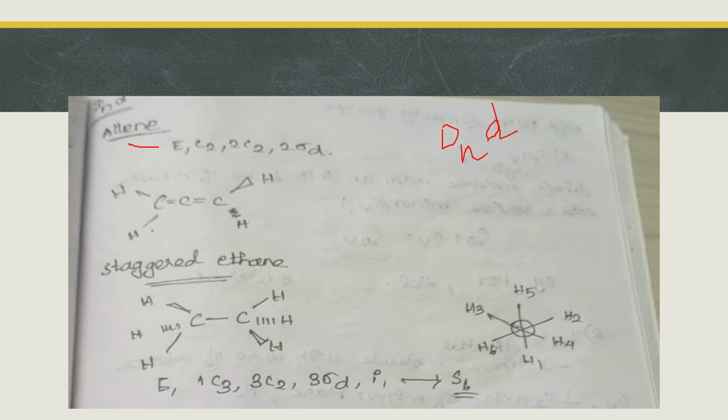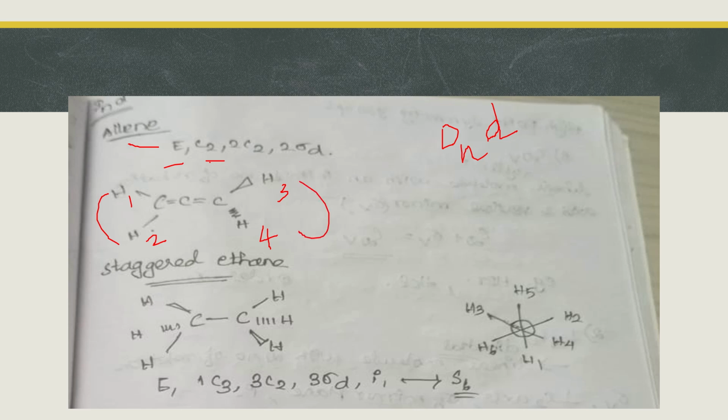This is the allene structure. It has the identity and it has the C2 rotation. After the C2 rotation, like this is 1, this is 2, this is 3, this is 4, we have to rotate like this. This goes up and this goes down.